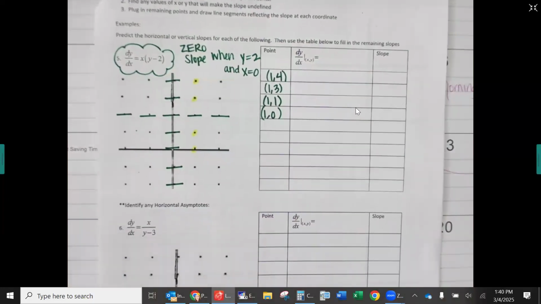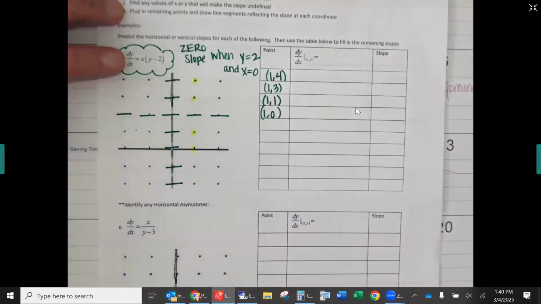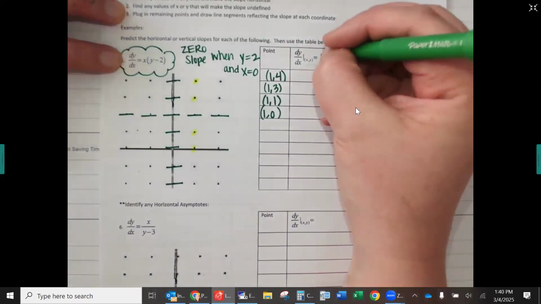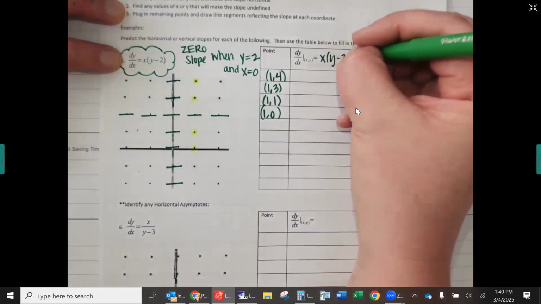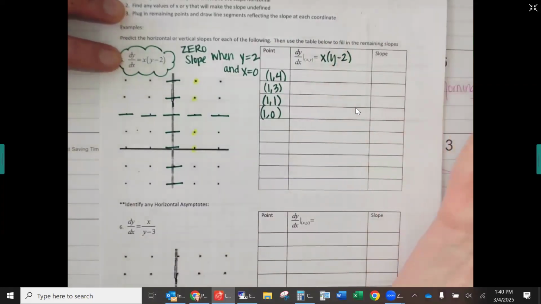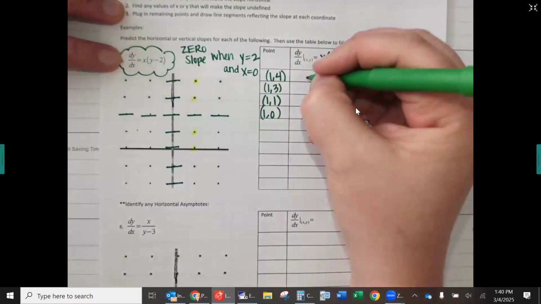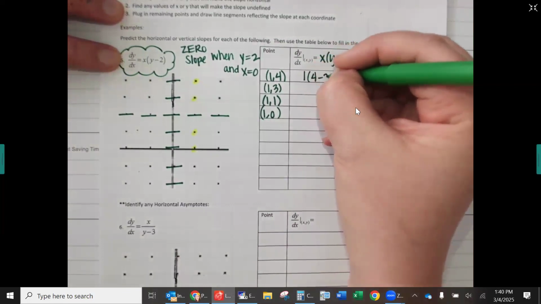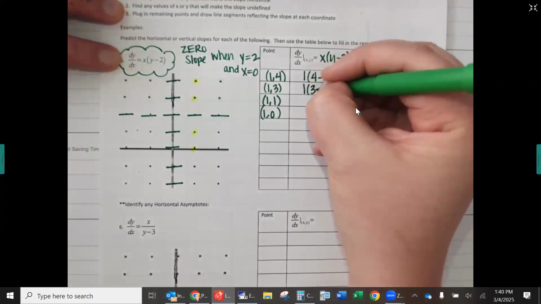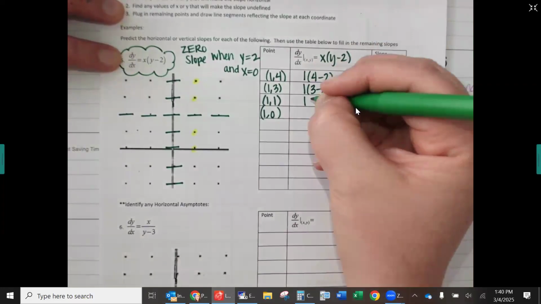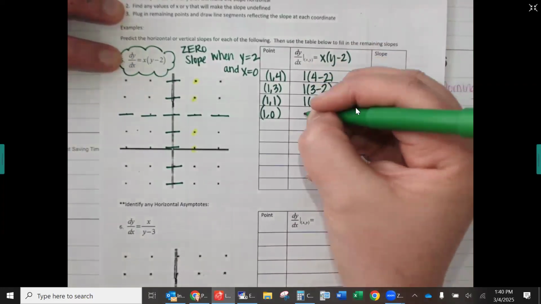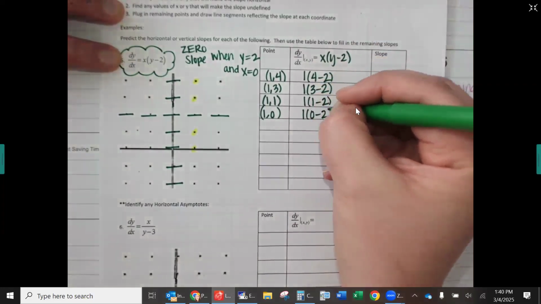Then we're going to plug that x comma y into the dy dx equation. Remember, my dy dx equation is x times y minus 2. So all of those points, the x is a 1. So it's 1 times 4 minus 2, 1 times 3 minus 2, 1 times 1 minus 2, and 1 times 0 minus 2.